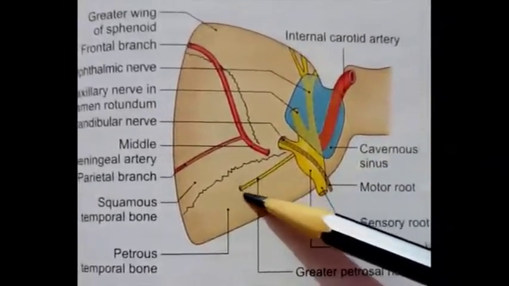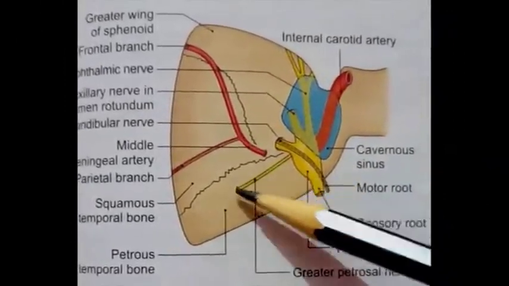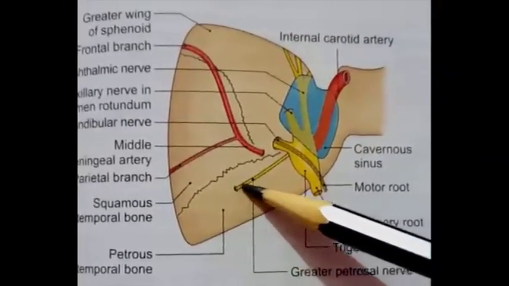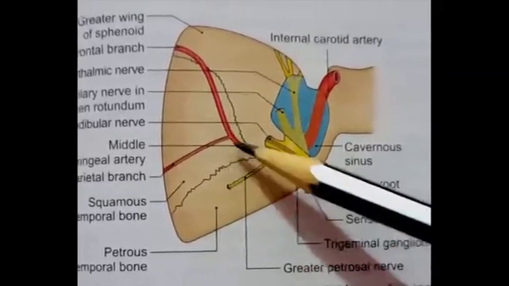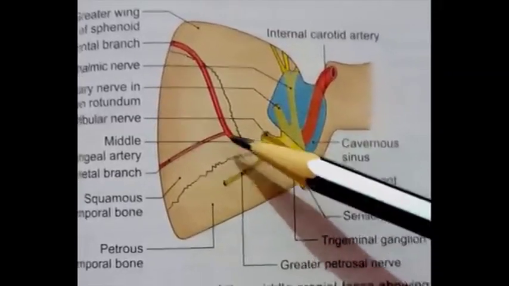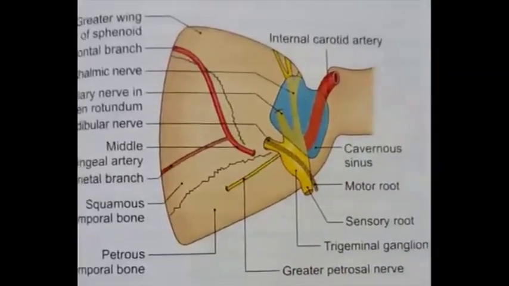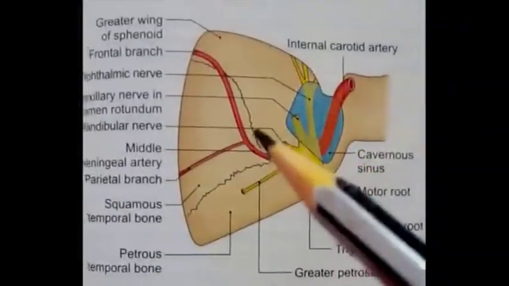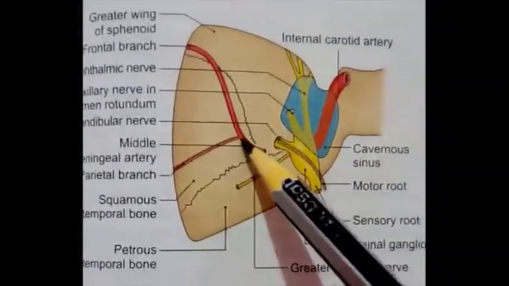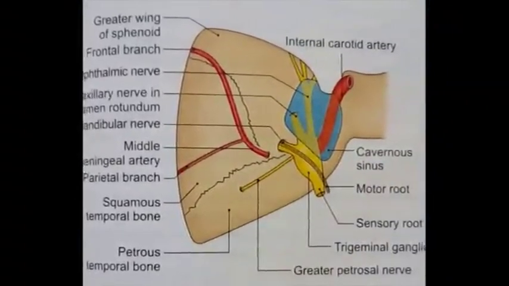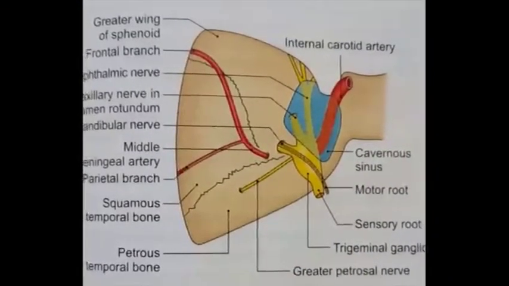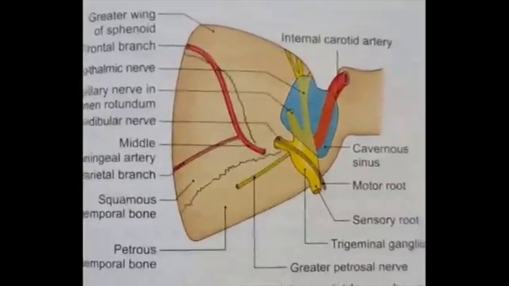So here it is the foramen for the greater petrosal nerve, and this is the canal of the greater petrosal nerve. This area is supplied by a branch from the middle meningeal artery. A branch in this area is also given for the tensor tympani muscle, that is the superior tympanic branch. Tensor tympani is the muscle of the middle ear.